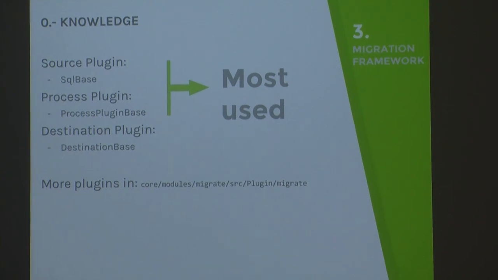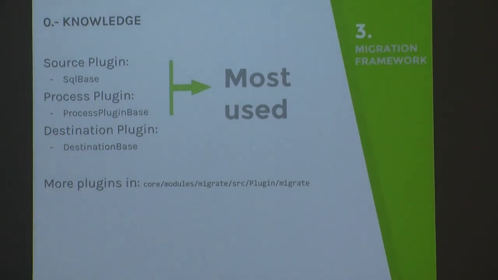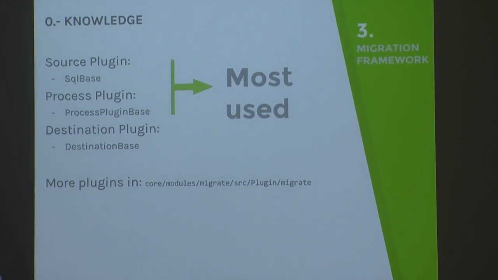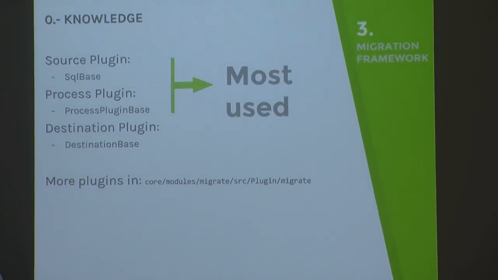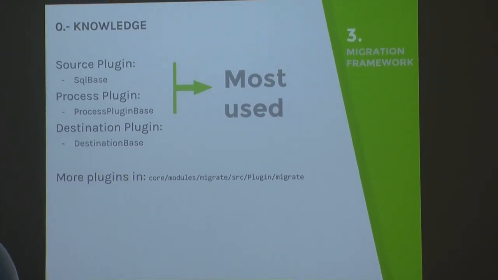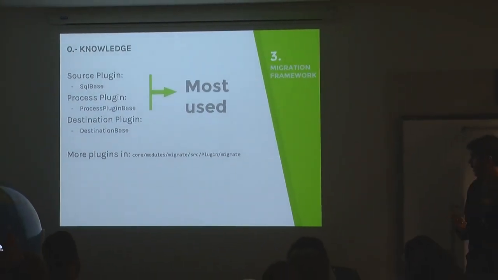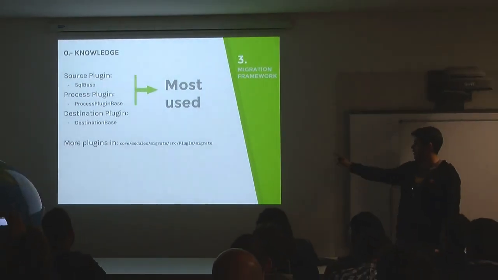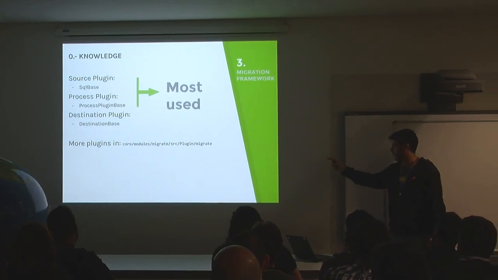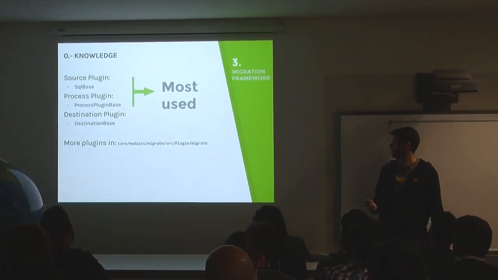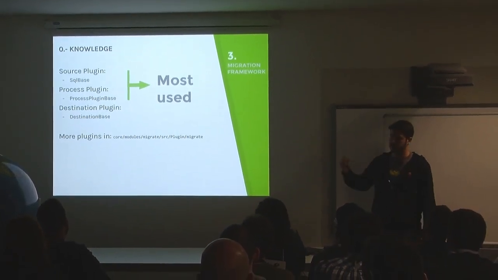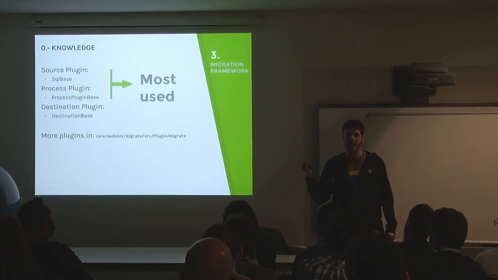These 2 plugins, source and process, are the most common cases. Okay. For the destination plugin, if you don't want to save in an entity, you need to extend the destination plugin. You can see more plugins in core modules, migrate, src, plugin, migrate. Source plugin. The most common case is SQL base.